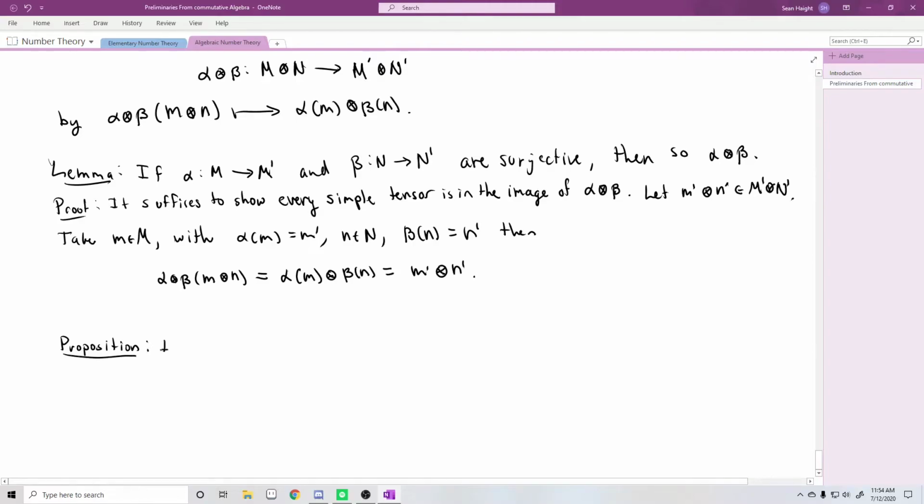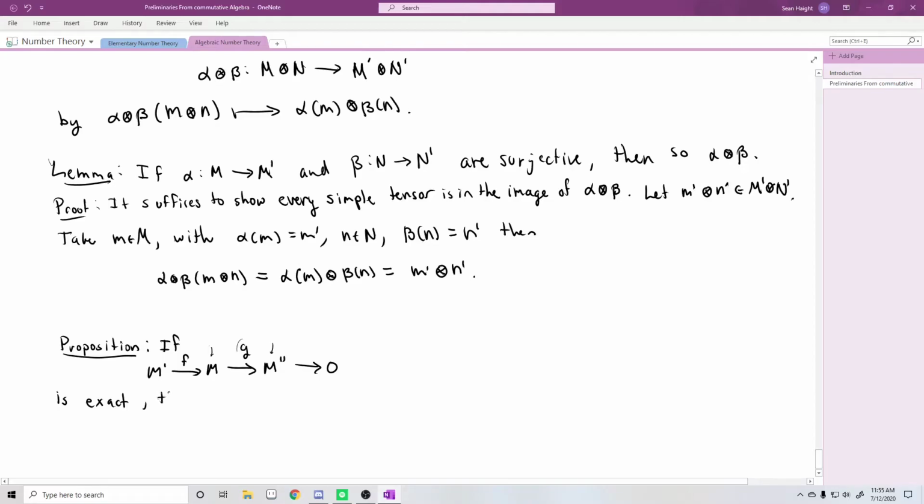If I take a right exact sequence of R modules, M prime to M to M double prime, with maps F and G, let's say this is an exact sequence. Remember that means this sequence is exact at two places. One, here, which means that the image of F is exactly the kernel of G. And two, here, which means that G is surjective.